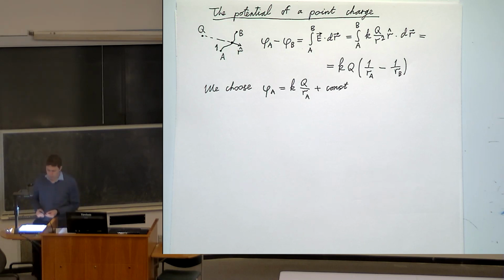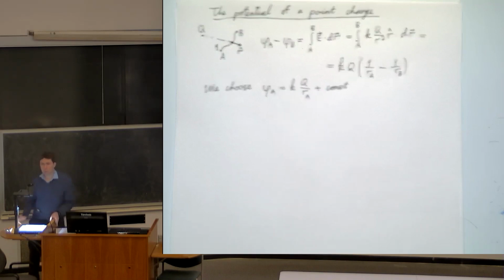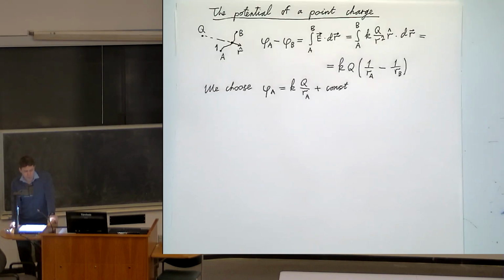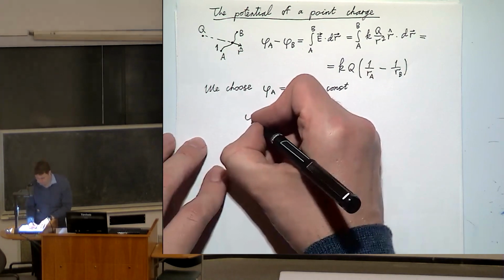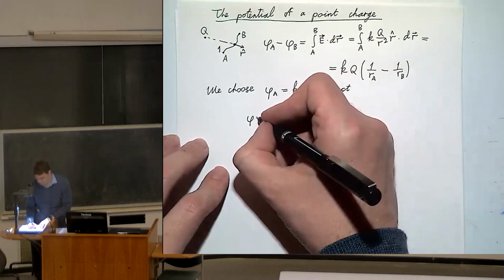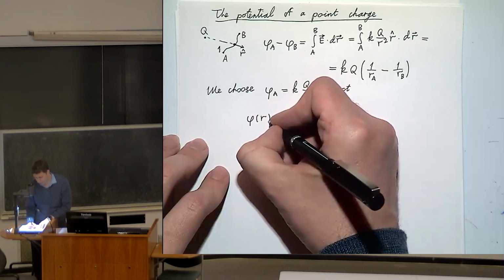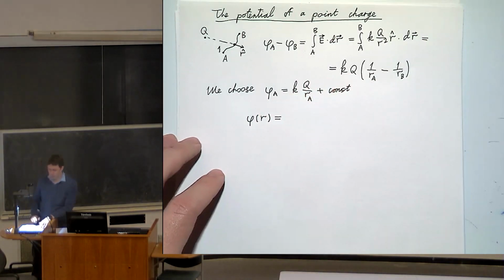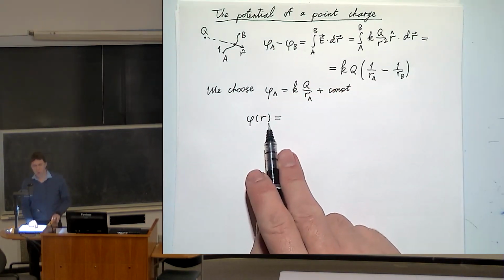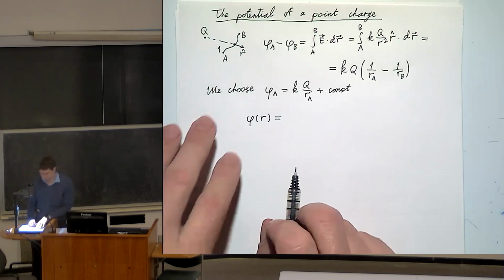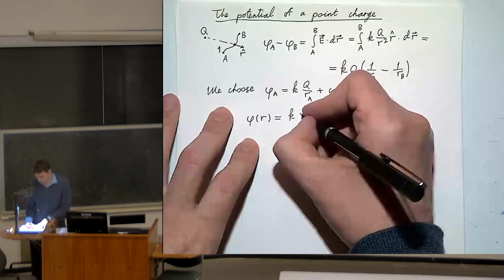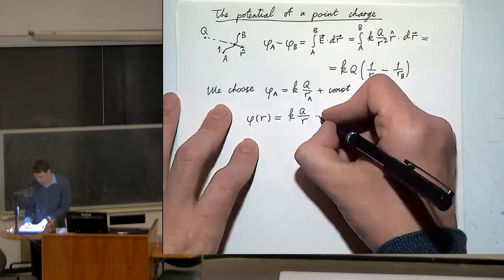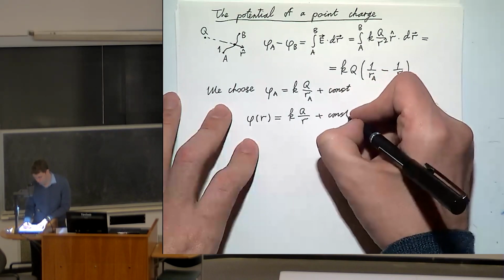Well, that holds for an arbitrary point A, and therefore for an arbitrary point a distance R away from charge Q, we write kq over R plus constant.